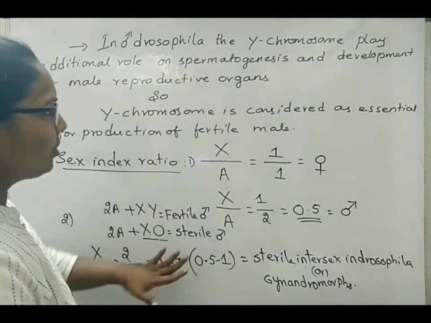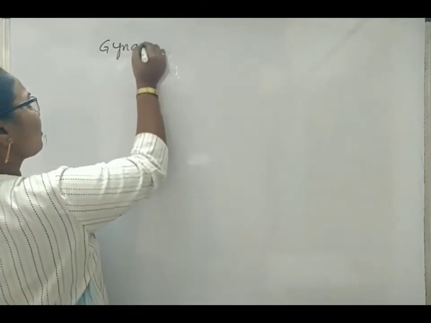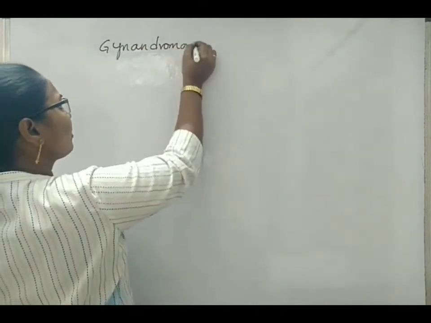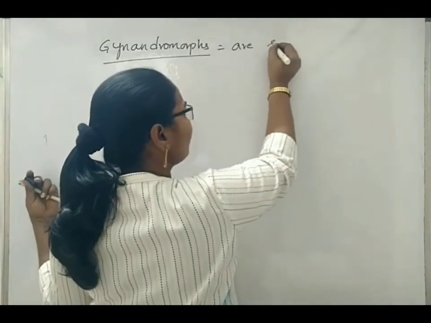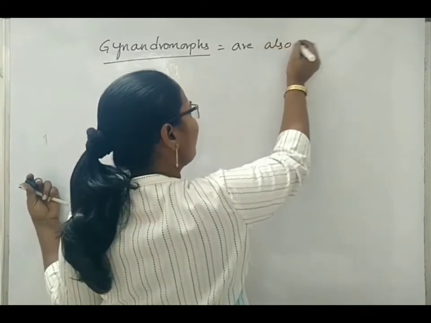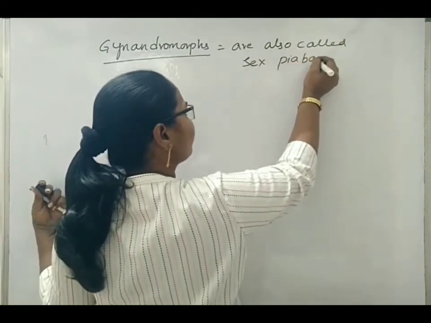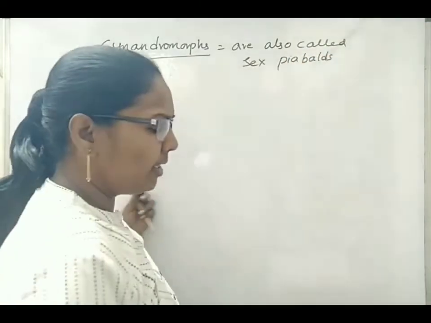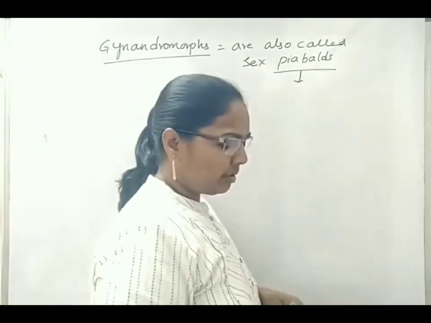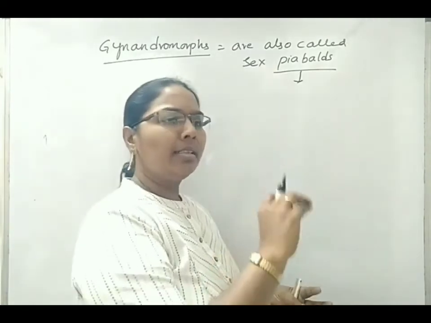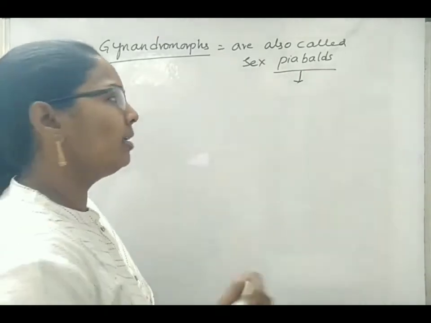Now, once you go through these points, next we will see gynandromorphs. They are also called sex piaballs. We also use a term like sex piaballs here. What is meant by this? It is nothing but total body is of female, and here and there somewhere on the body there will be some tissue that is responsible for male characters.